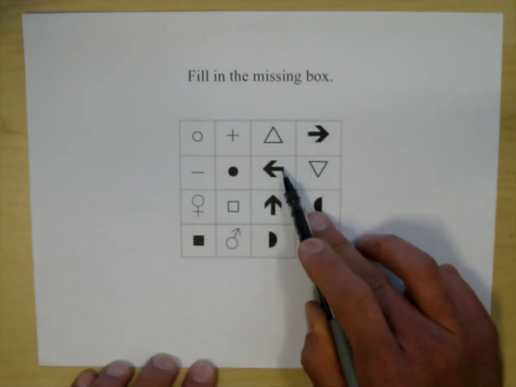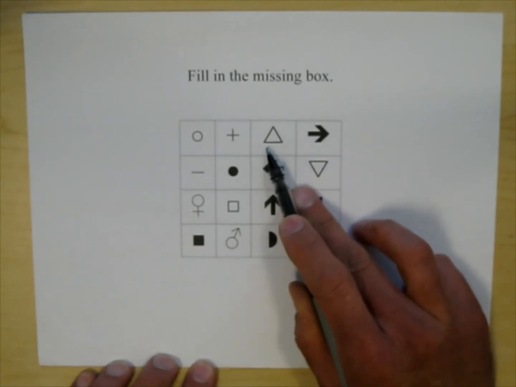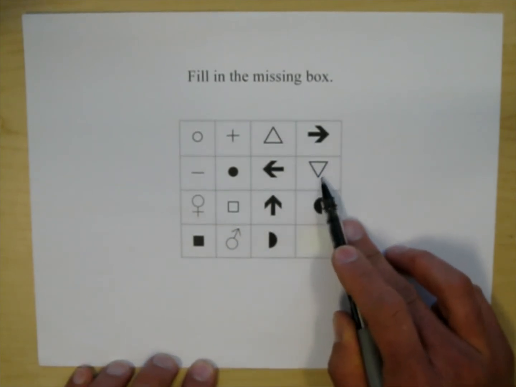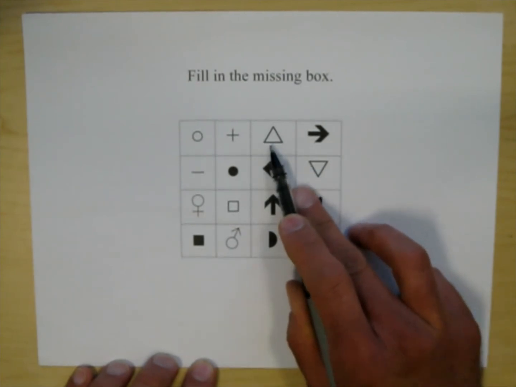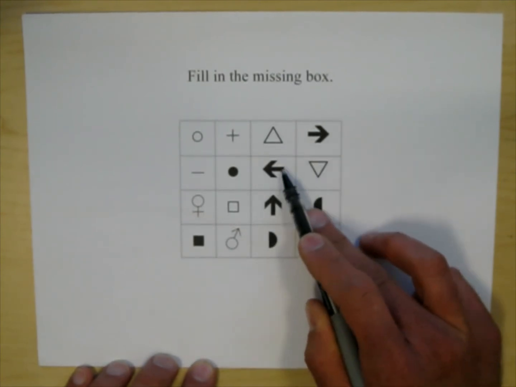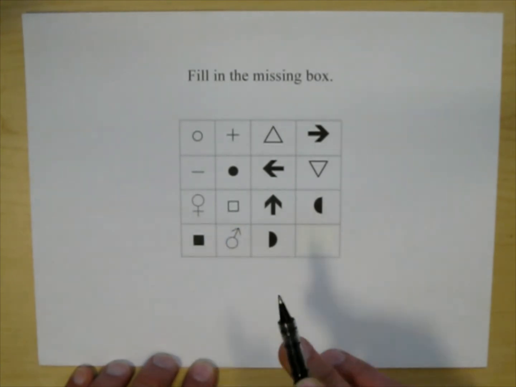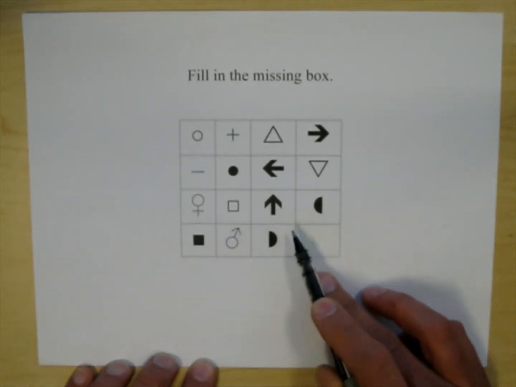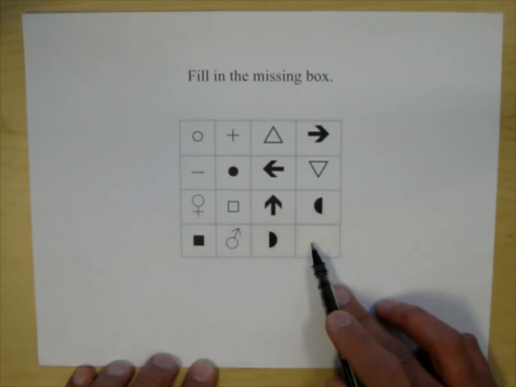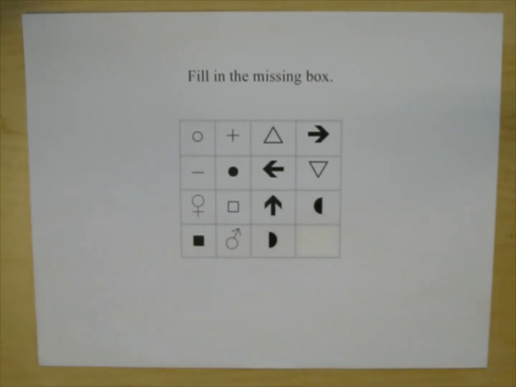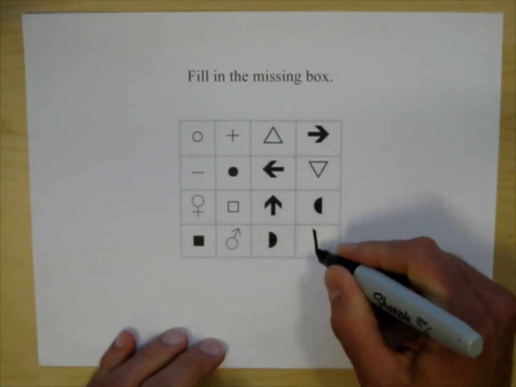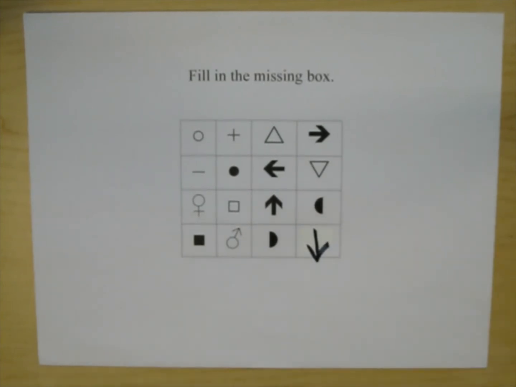This is a right arrow, a left arrow, triangle, and then the upside down version of that. Okay, so those are opposites, and then over here we have black square, white square, and then male, female. And then over here we have half moon, and they're different directions, so the thing that goes over here is the opposite of that arrow, which is the down arrow.